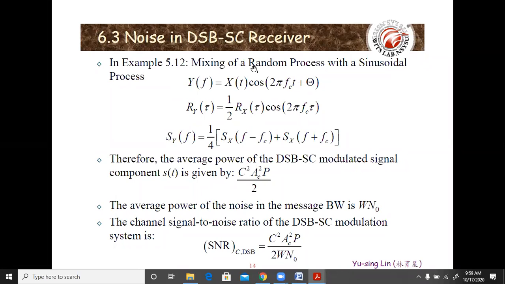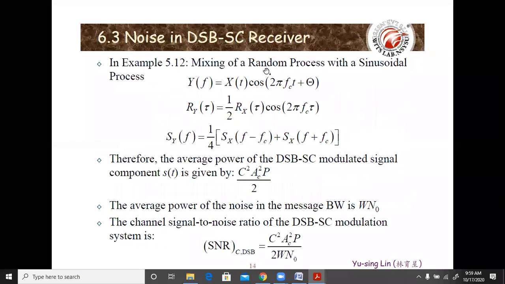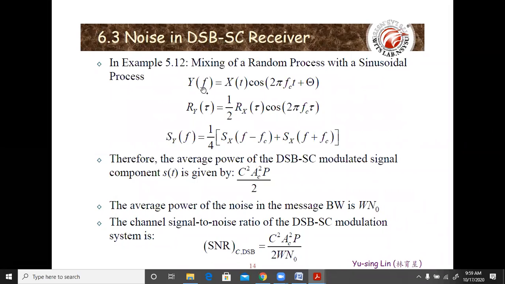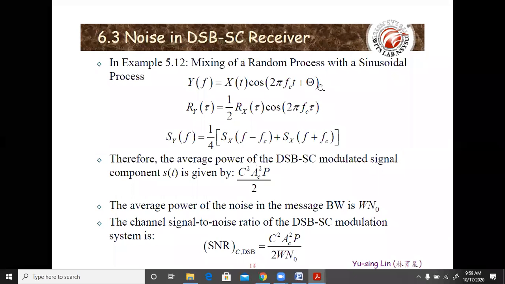Let us consider an example where we mix a random process with a sinusoidal process. Y(t) is the output generated, equal to x(t) cos of 2 pi fc t plus theta.